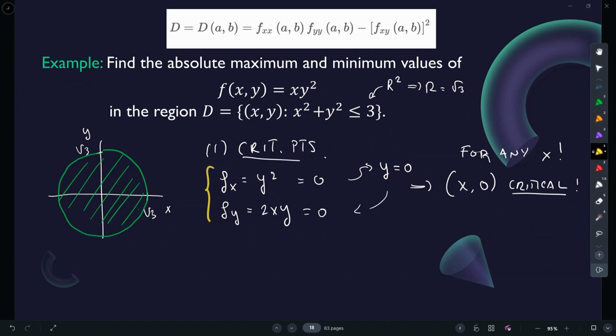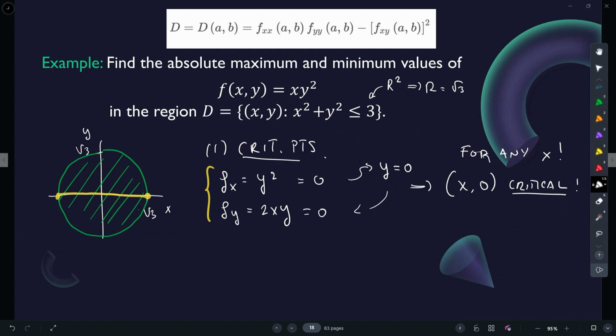They are all the points in the domain where the y coordinate is 0, so all of these are critical. That's bad. If I want to classify those critical points, I would have to try to classify infinitely many points. But as I said, you don't have to classify these critical points. I just need to know what is the value on these critical points.